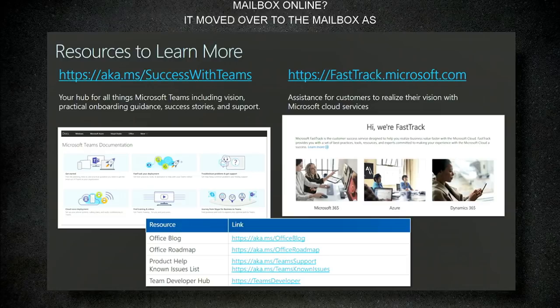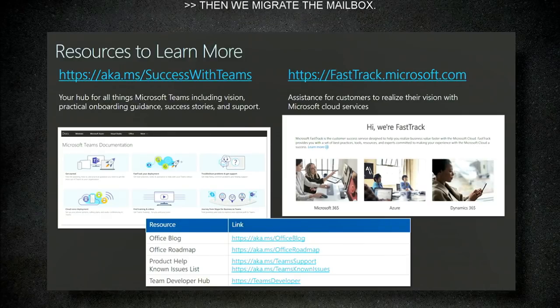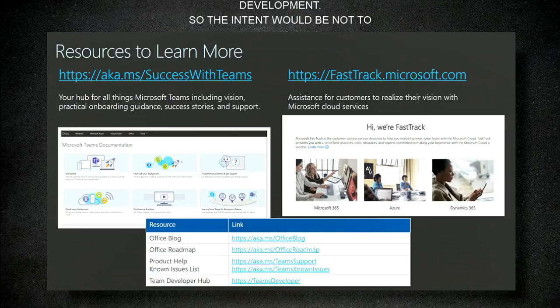If you're on Exchange on premises and we write to cloud storage, and then we migrate the mailbox online. Yeah, the idea is obviously not to blow away your data, right? Some of this is still under development, but certainly the intent would be not to blow away your data and clobber it from the on-prem; we'd want to merge. All right, thank you.